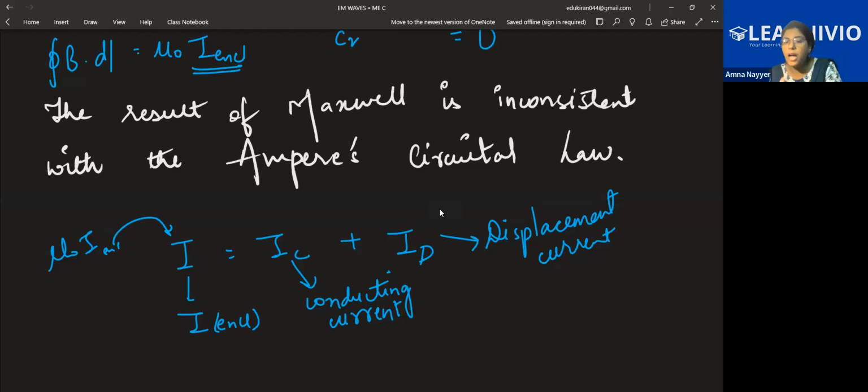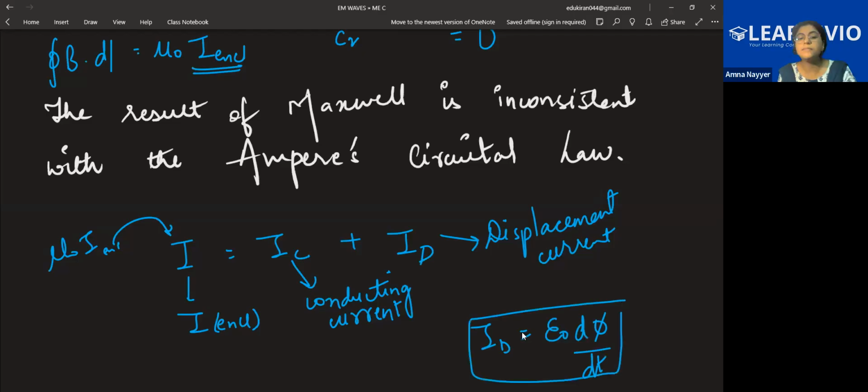I is equal to IC was what we studied before, the current present in the circuit. There is some additional current whose value, the displacement current, is ID equal to epsilon naught d phi over dt. This is the formula of it.